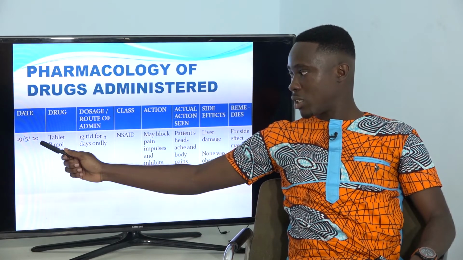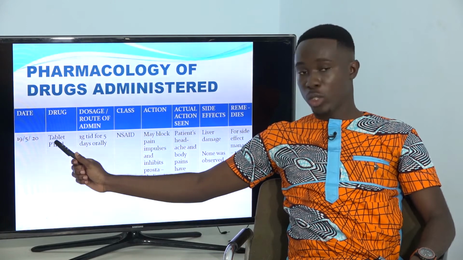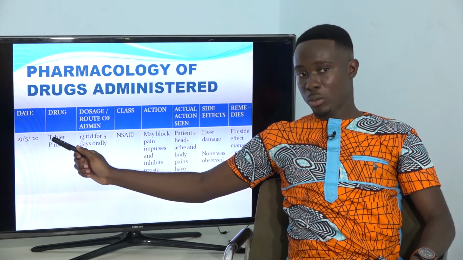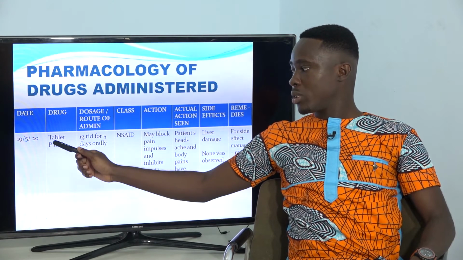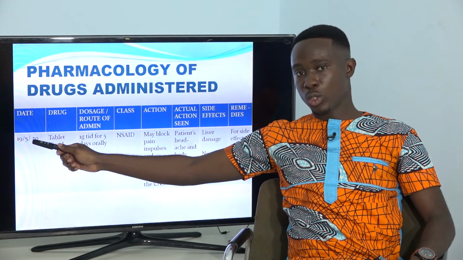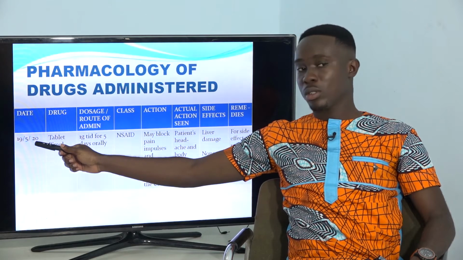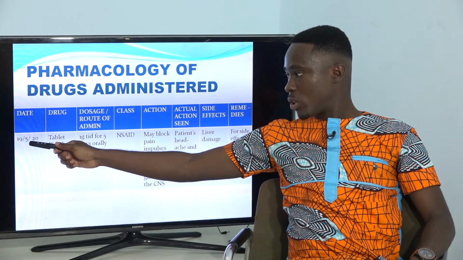You see from my table, I have some shorthand, tab, PMO, and all that because of the space allocation. But in your write-up, you are supposed to write it in full. So the date, 19th May 2020, was when the medication tablet paracetamol was prescribed.